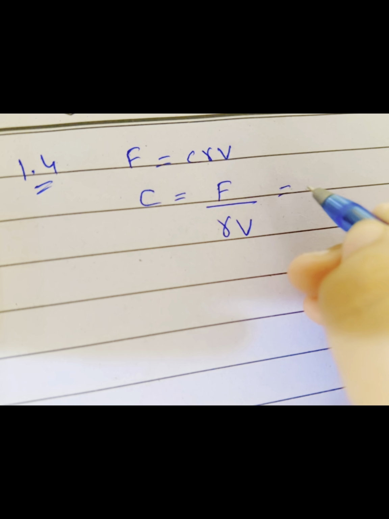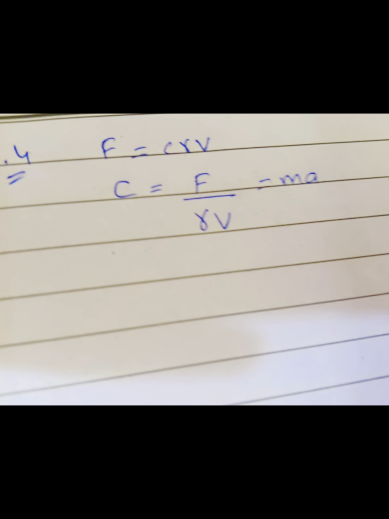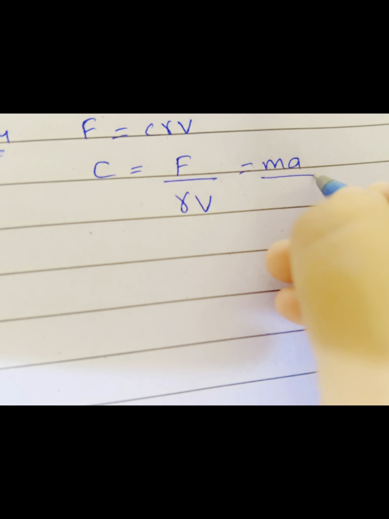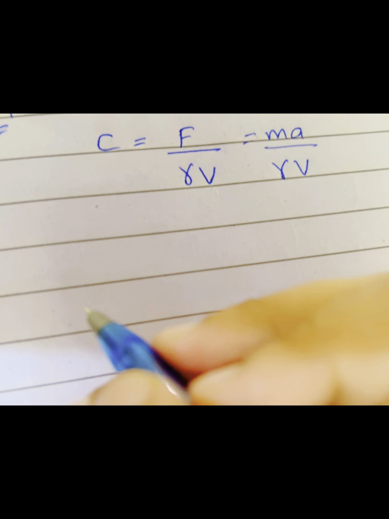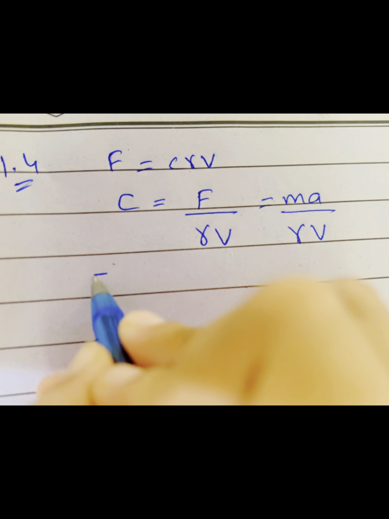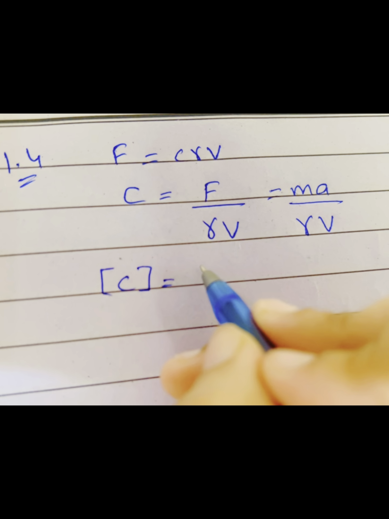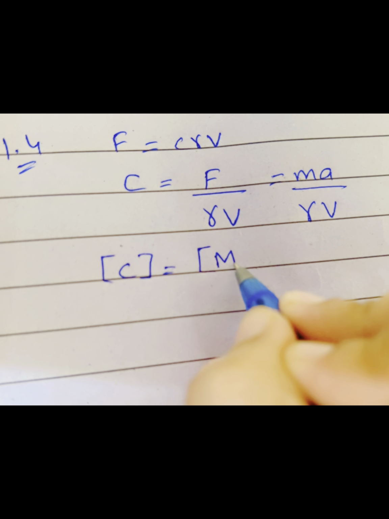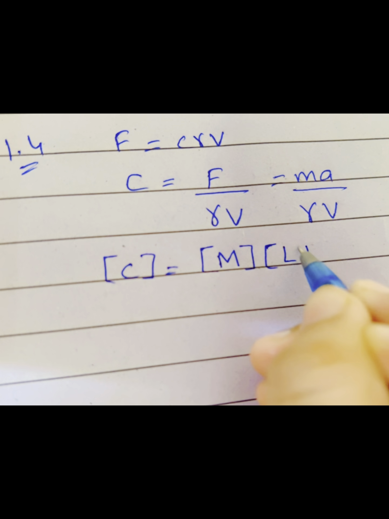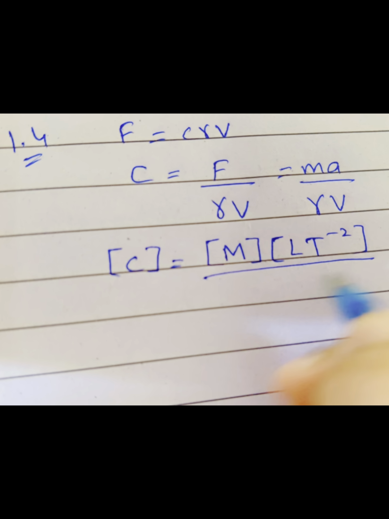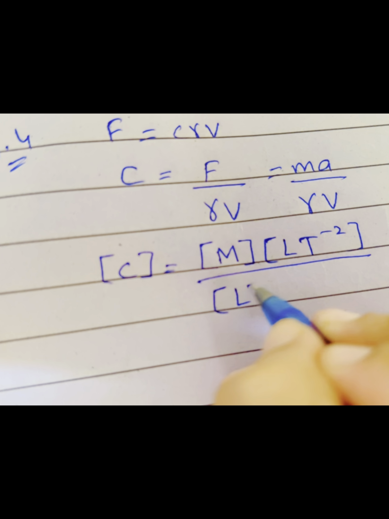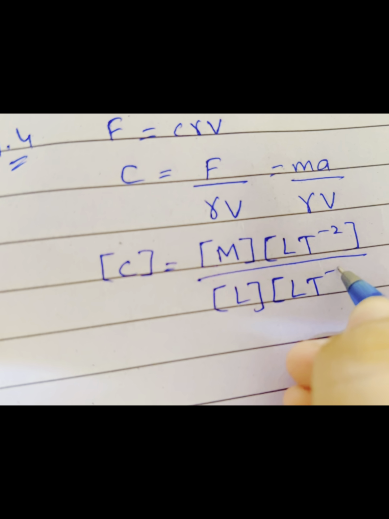And for F, there is a formula through Newton's second law, F is equal to MA, so C is equal to MA divided by RV. Now we can write the dimensions for C. For M, mass. For acceleration, LT minus 2. For R, L. And for V, LT minus 1.